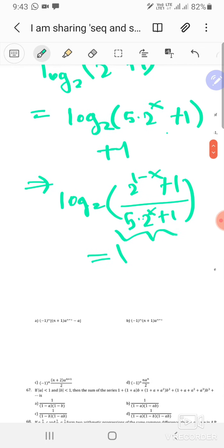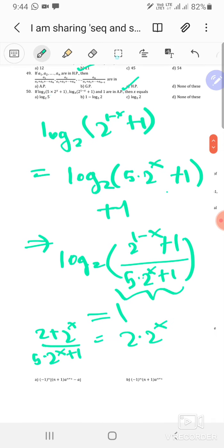So this has to be equal to 2 in that case. So that gives me 2 power 1 minus x, which is just 2 upon 2 power x, right? So 2 plus 2 power x completely divided by 2 power x upon 5 into 2 power x plus 1, that has to be equal to, so now that 2 power x goes to the right hand side and it becomes 2 into 2 power x.